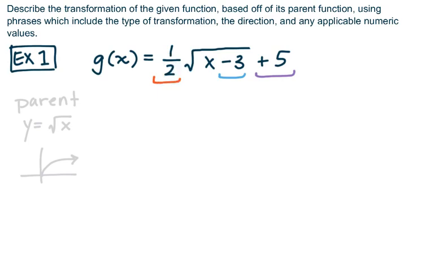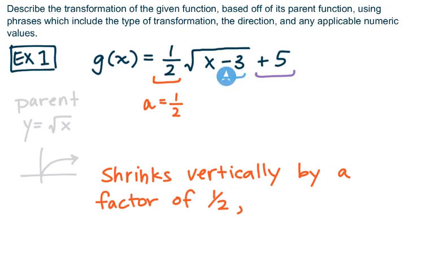So it's a shrink, stretch, or flip. We would call that A. A equals 1/2. So this is a vertical shrink or stretch. Since we are multiplying by a fractional number and it's on the outside, it behaves as we expect, so it shrinks vertically by a factor of 1/2.